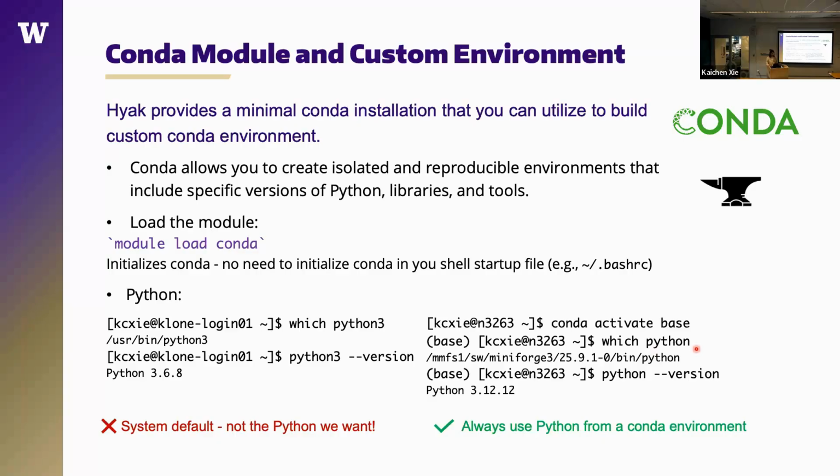The recommended workflow is to create and manage your own custom Conda environments so that you can control the Python version and install packages. If you activate the base environment and run which python and the Python version again, you will see that the Python executables are now in the system Conda environment, and also a much newer Python, which should be compatible with modern workflows.